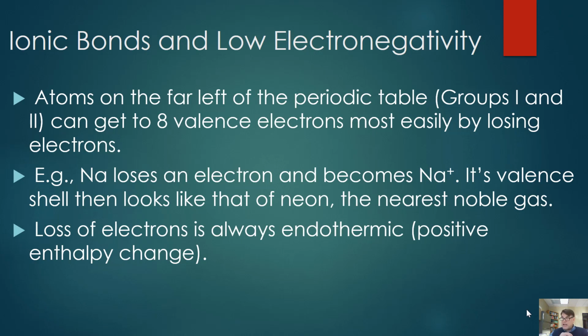The way I'm conceptualizing it is that you raise that electron to a higher energy state to get rid of it, but that doesn't make sense either. Anyway, just trust me for now. I'll trust the textbook, and hopefully it'll be clear as we go forward. Loss of electrons by the alkali metals on the far left is always endothermic, requiring a positive addition of energy to sodium in order for it to go to plus 1.